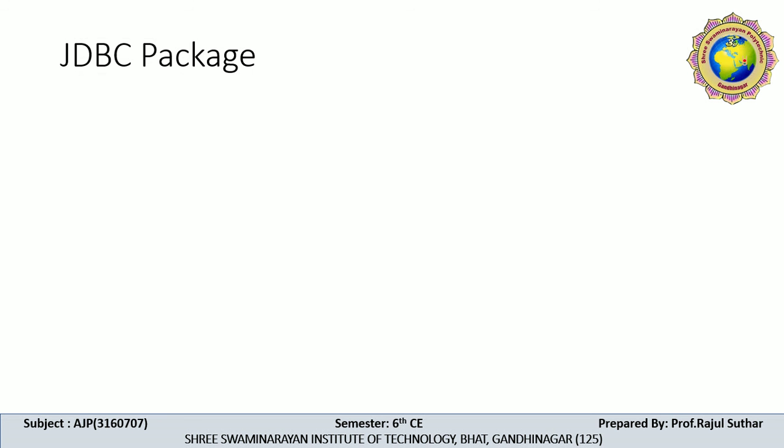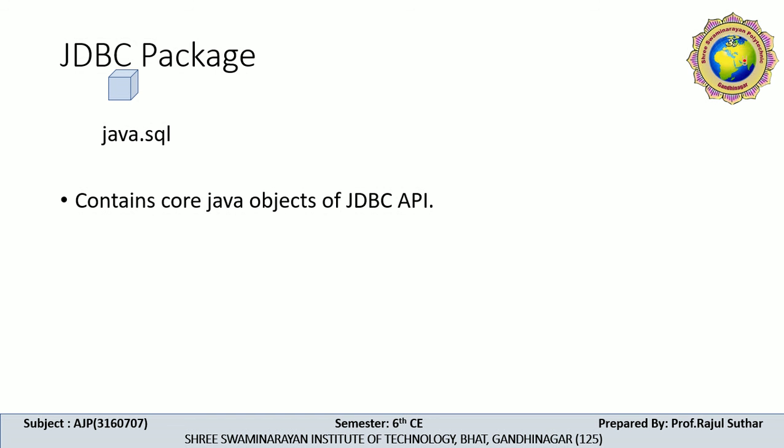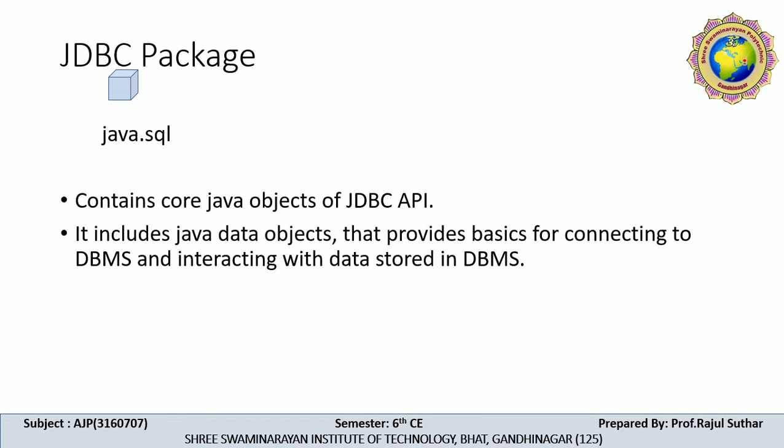The name of the JDBC package is java.sql, and java.sql as well as javax.sql are the primary packages for JDBC 4.0. So it is the primary package for JDBC version 4.0.